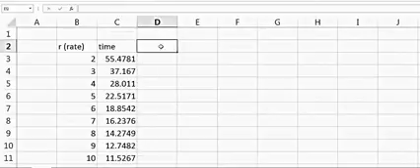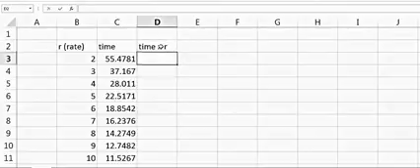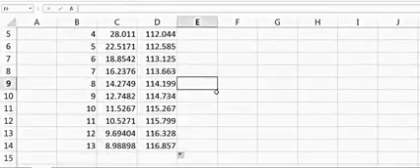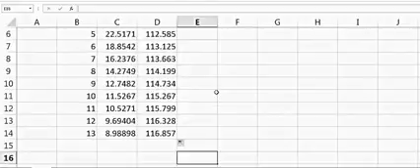Now if you multiply time with the rate, that will be equal to time into rate. This is equal to 110, which is very close to 115. We can keep extending this, and you can see that all our numbers are very close to 115.